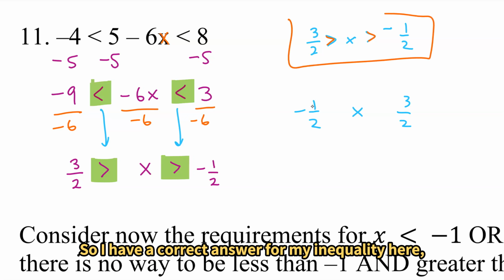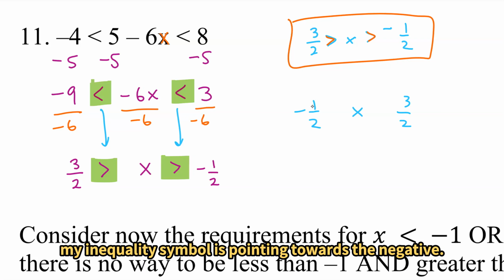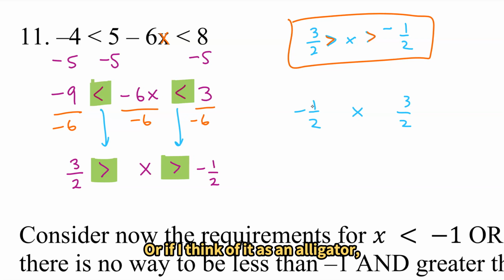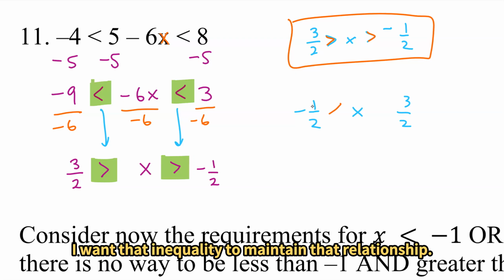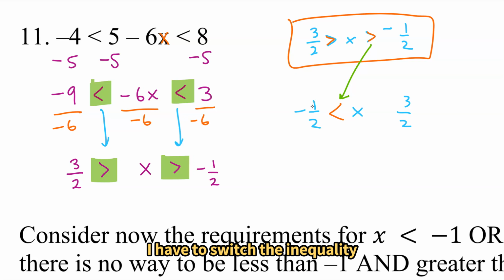So I have a correct answer for my inequality here, but it might be a little bit easier to graph if I turn everything around. Between x and -1/2, notice that my inequality symbol is pointing towards the negative, or if I think of it as an alligator, the alligator is trying to eat the x. I want that inequality to maintain that relationship. So if I'm switching the order of the numbers, I have to switch the inequality symbol.